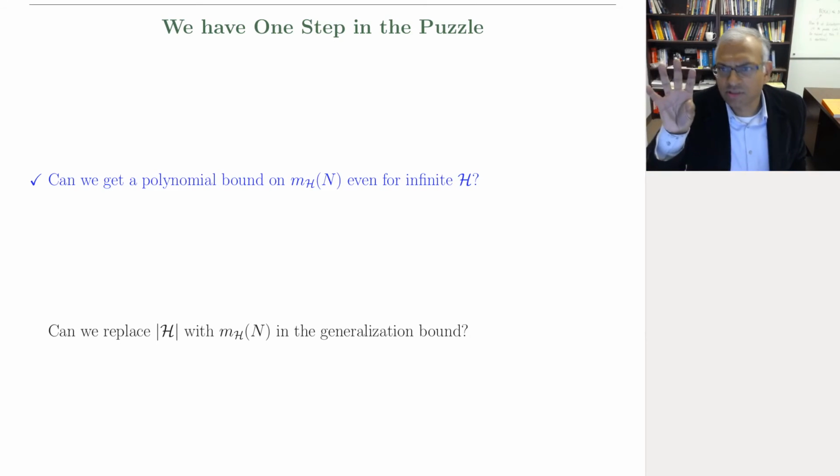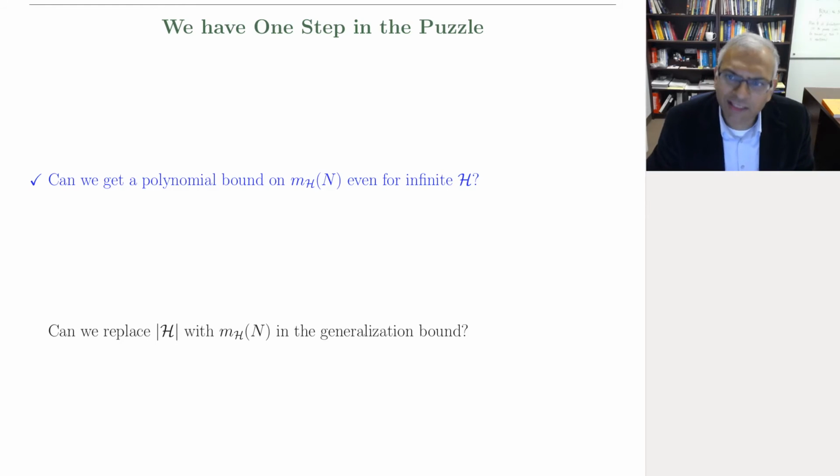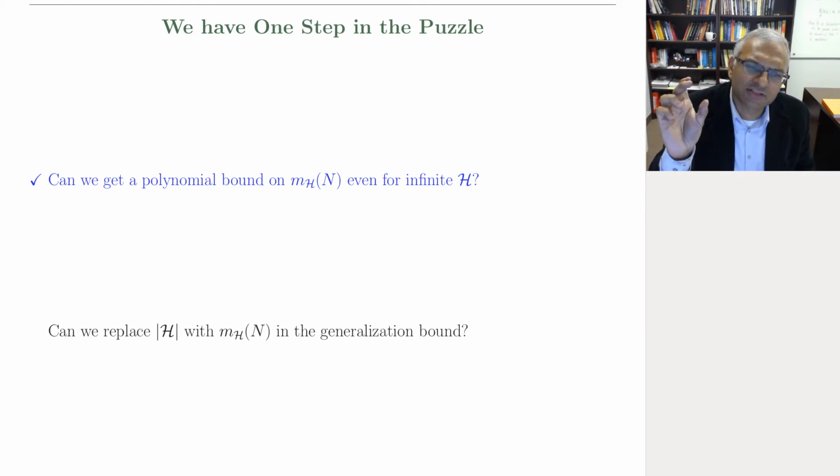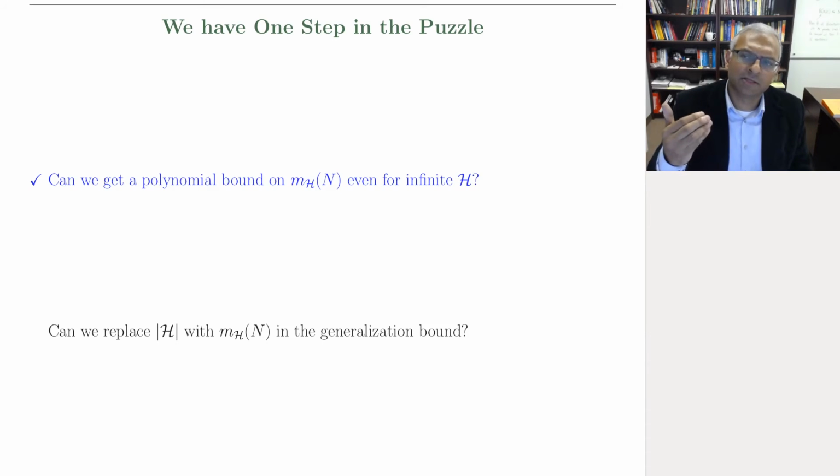Polynomial is good because that will result in the error bar shrinking to 0 and give us E in approaches E out when n becomes large. So what remains is to show that we can indeed replace the size of the hypothesis set in that error bar, in the generalization error bar, by this effective number of hypotheses, which is the number of hypotheses that can be implemented on a data set of size n.